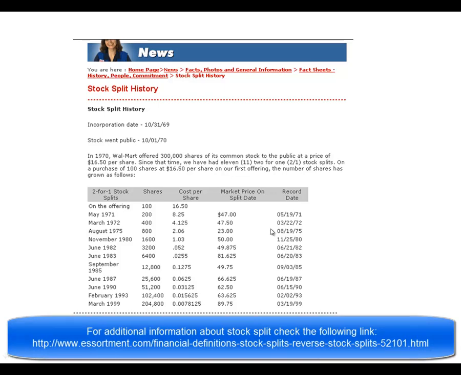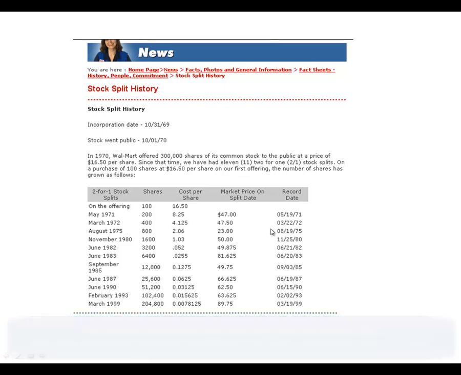So what Walmart did over the history of the company going public, from 1970 to 2002, is split the shares, more than one time.